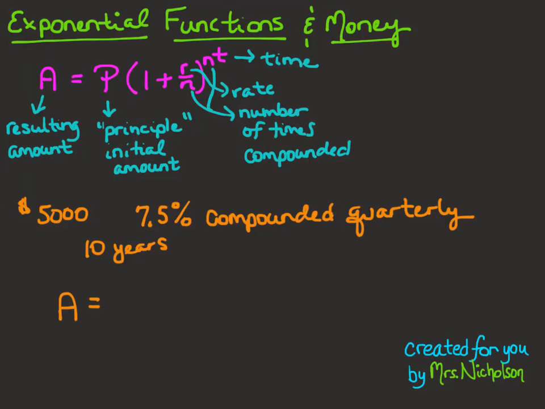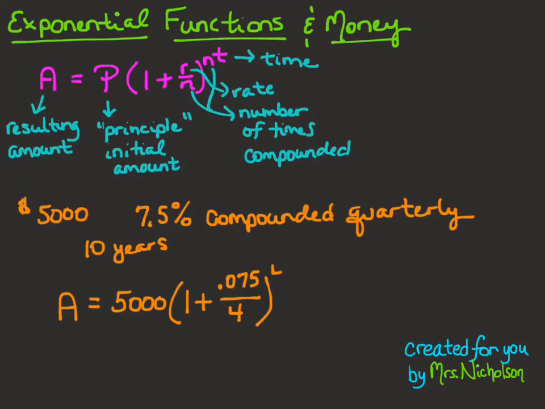The resulting amount of money is going to be equal to the principal, or the initial amount, which is $5,000, times 1 plus the rate. Now remember, whenever you fill in the rate, it's given to us as a percent. We need to change it to a decimal, which means I need to move that decimal 2 places to the left. And so for this problem, it would be 0.075, divided by the number of times compounded in a year, which in this case is 4.